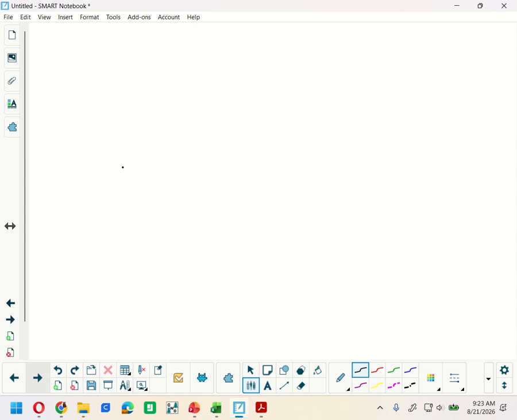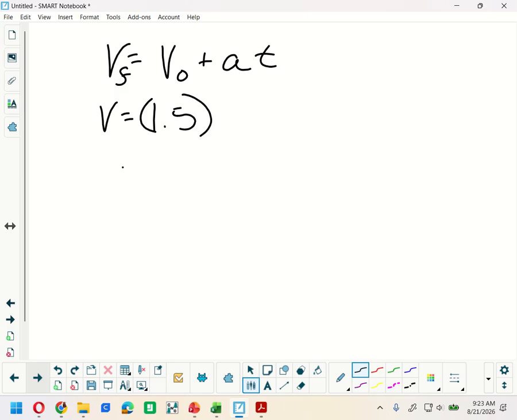My formula was, I have velocity is equal to my initial velocity plus acceleration times time. Or velocity final, same thing, right? So that's what we're looking for. So we have V equals initial velocity, 1.5, plus acceleration, which is 2.4 times 5 seconds.